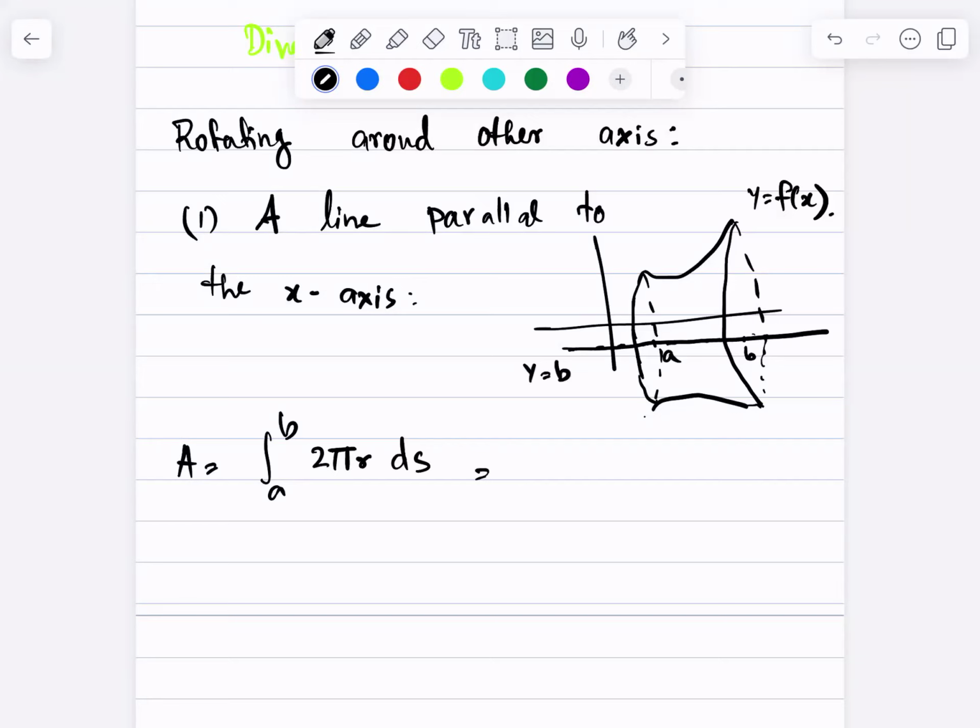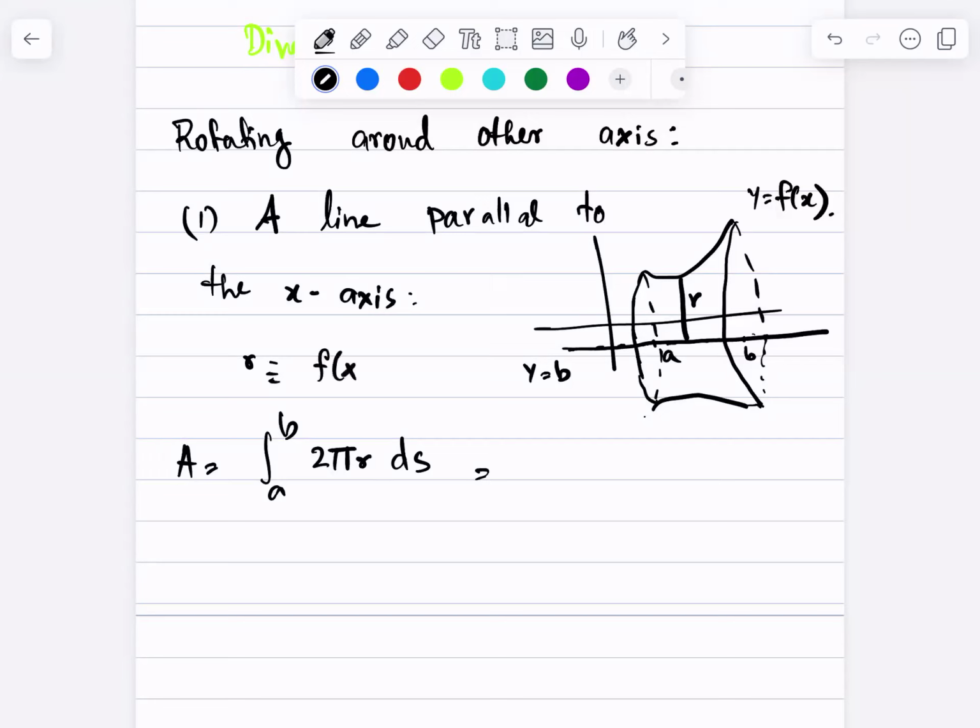So now this is my r. The r here will be the distance between the curve and this parallel line to the x-axis.